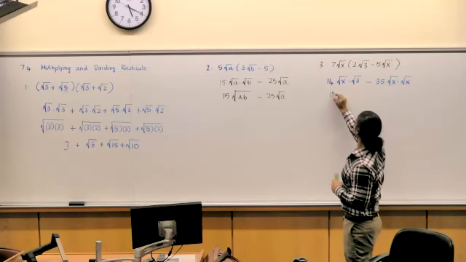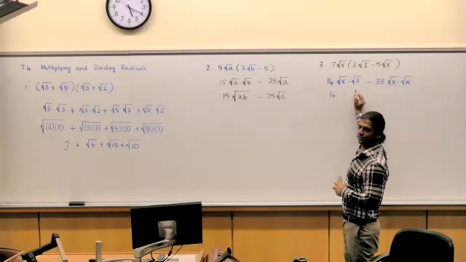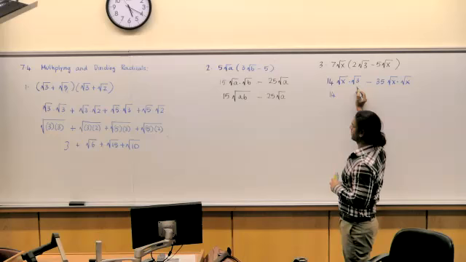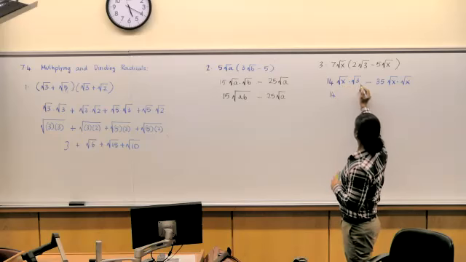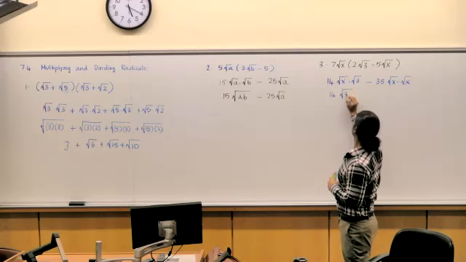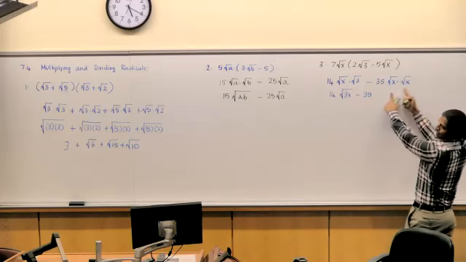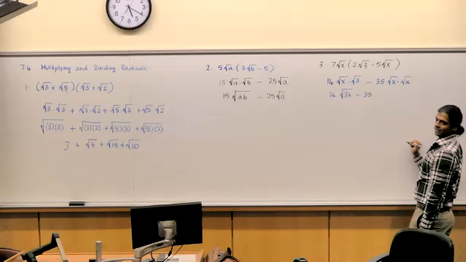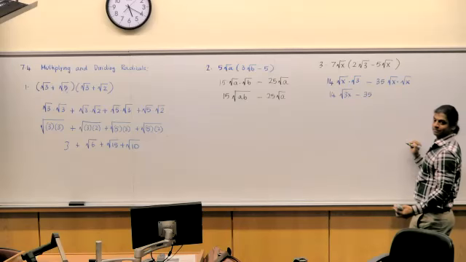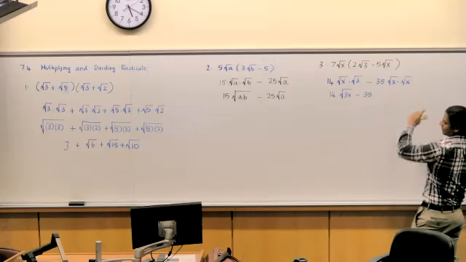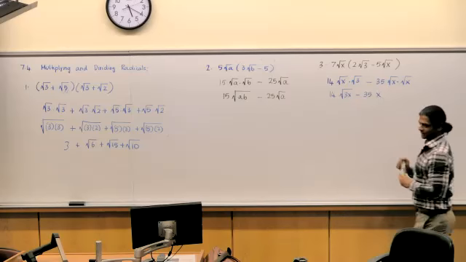Well, nothing much I can do here, so I'm just going to combine. Square root of x times square root of 3, square root of 3x. What is that? Root x times root x is x.